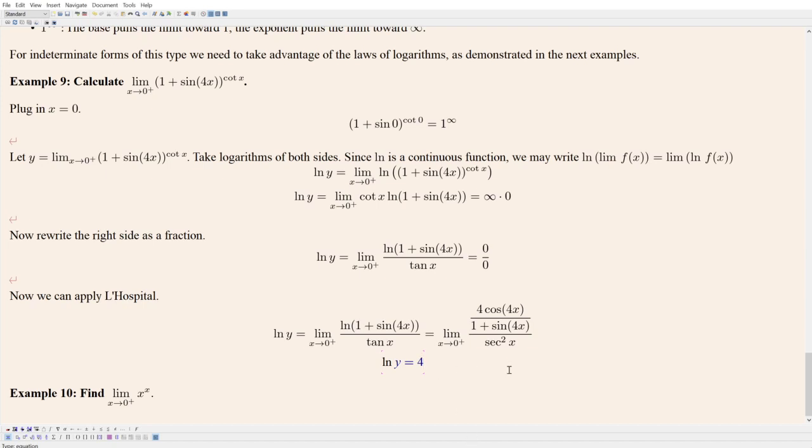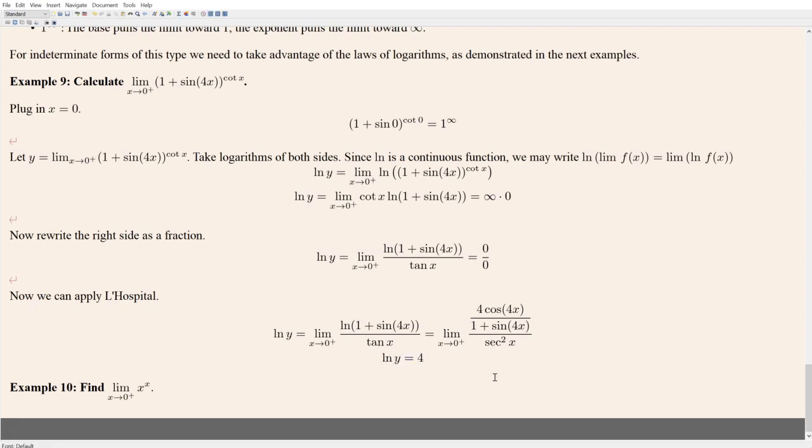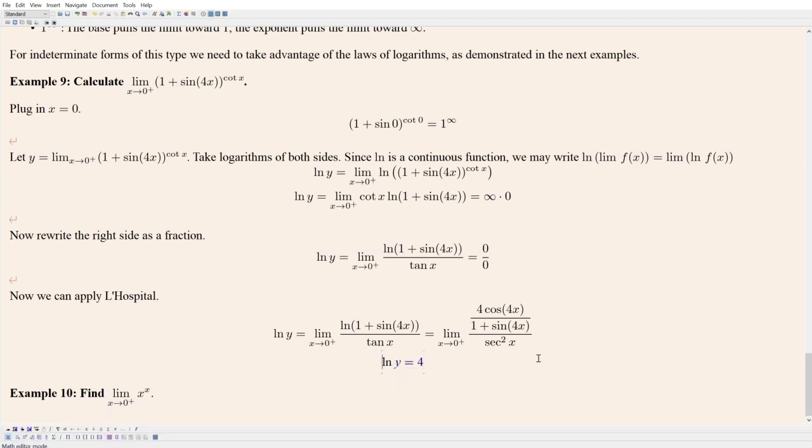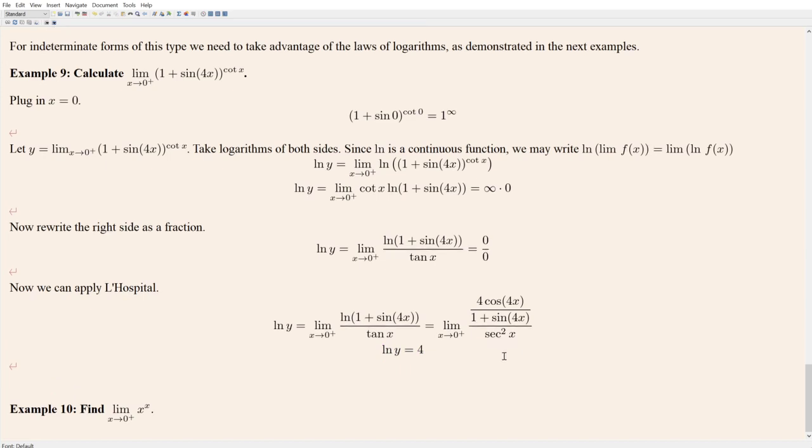So finally, all that we need to do is solve for y. And that's easy enough. To get rid of the natural log, you just take e and raise it to both sides of the equation. Right, because y is really what we were interested in in the first place.